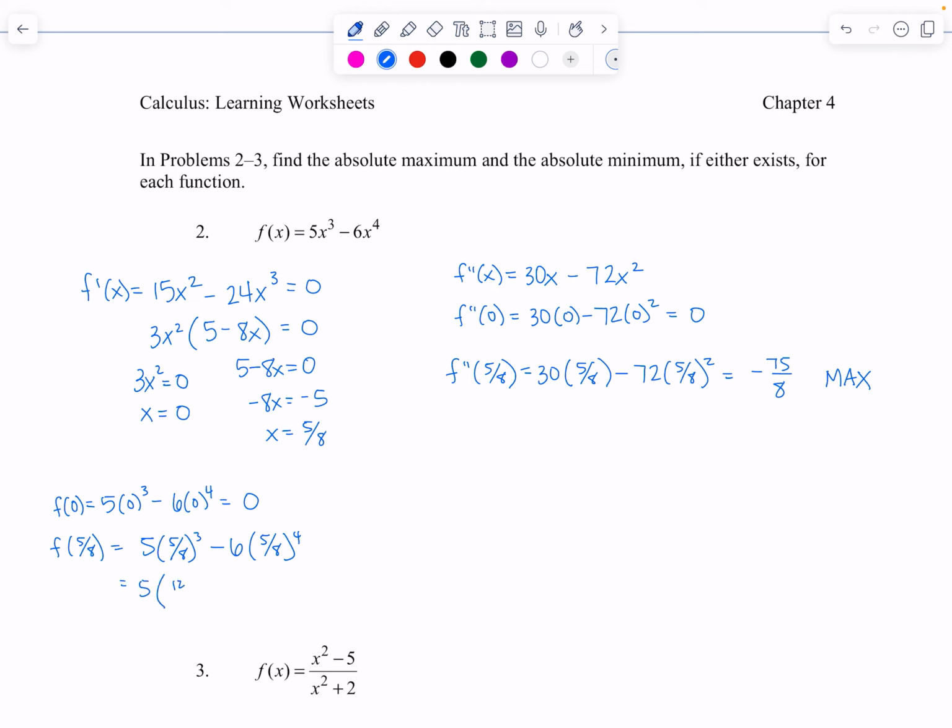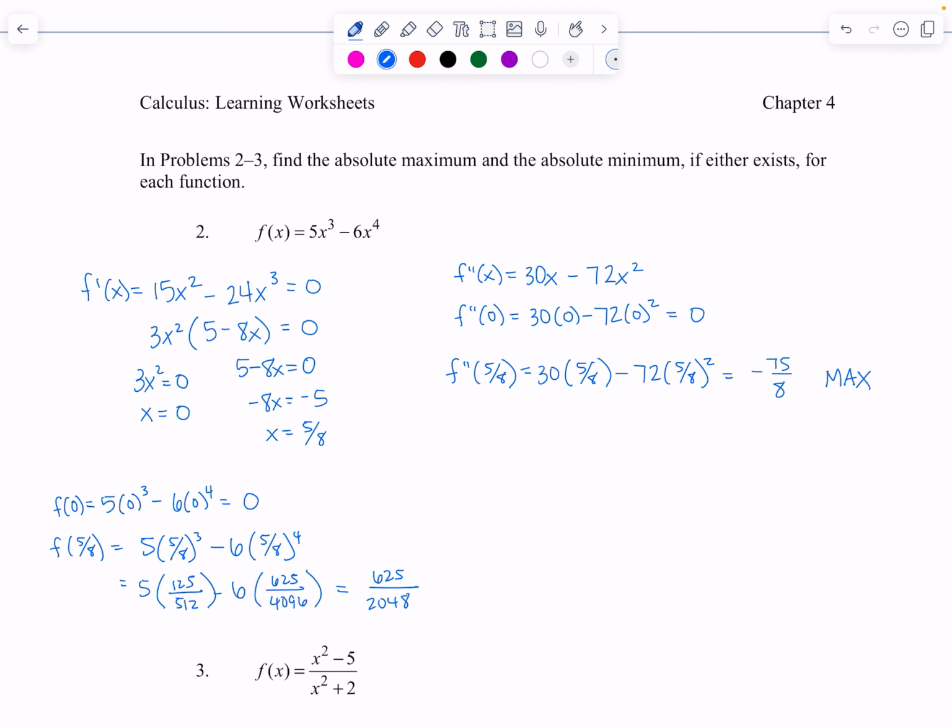That's 5 times 125 over 512 minus 6 times 625 over 4096. This will give us 625 over 2048. Now we can see between 0 and 625 over 2048, the maximum is obviously 625 over 2048.